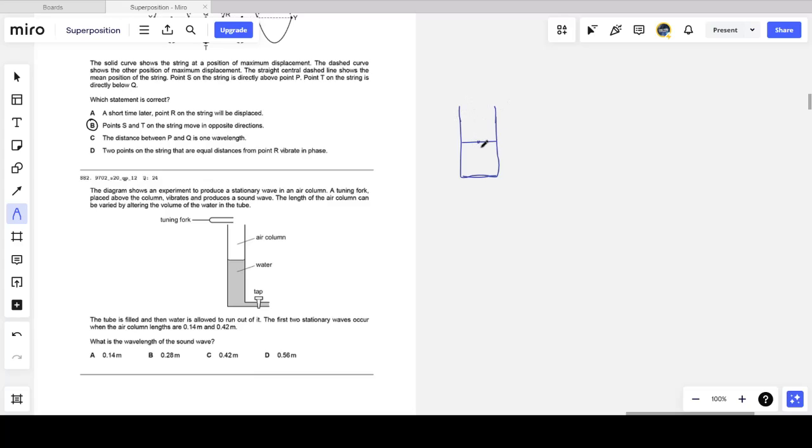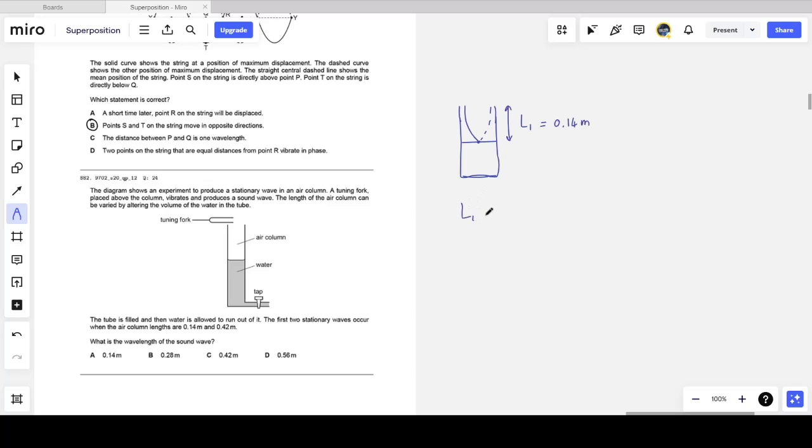It would have a node at the water's edge where the air can't vibrate, and an antinode at the open edge of the tube. And so like we saw in a previous question, it's going to look something like that. That's the simplest standing wave that can be formed, the first standing wave. And this distance, we'll call it L. This L, maybe L1 for 0.14 meters.